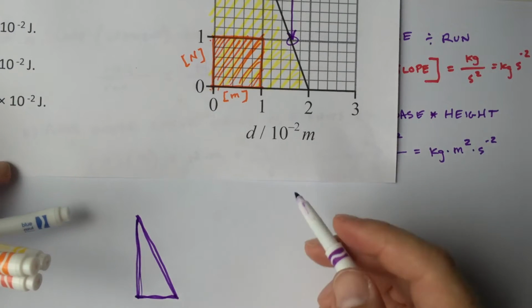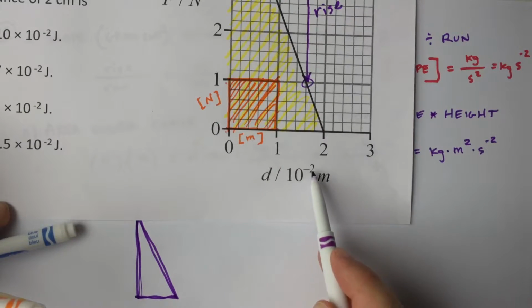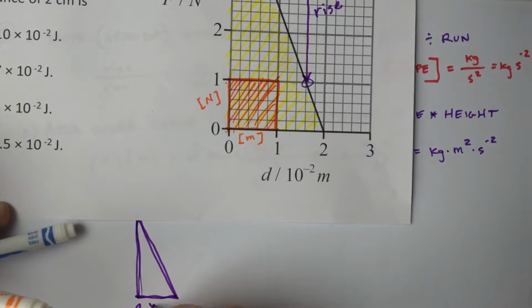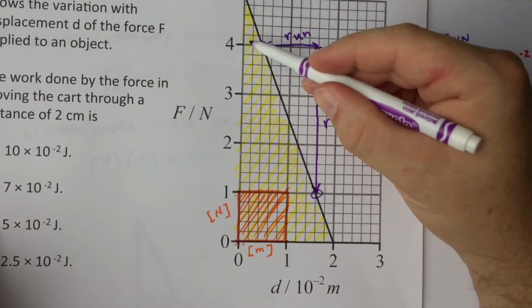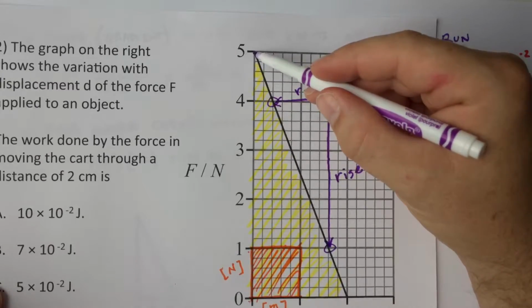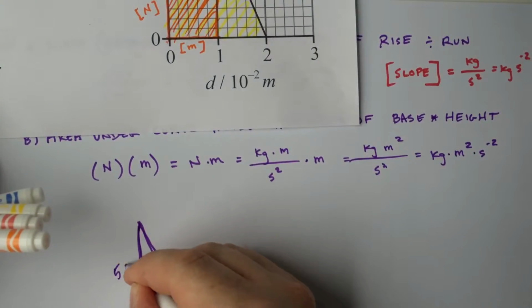It's got a base that is 2 times 10 to the negative 2 meters wide, and a height that is, I guess, 5 newtons tall.